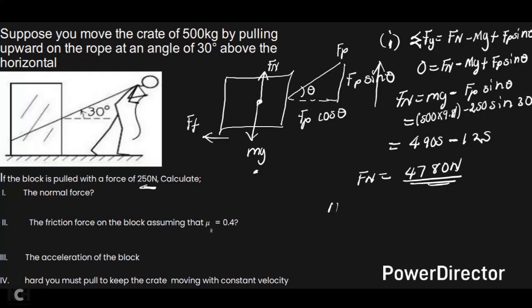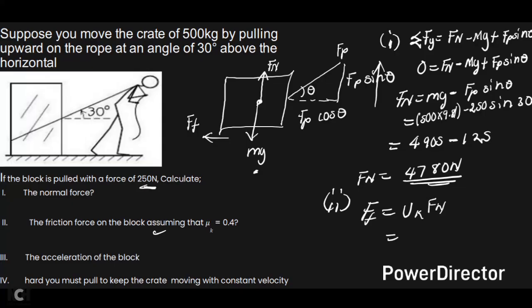How about the other question? The other question says, the friction force on the block, assuming that uk is that. So now the friction force, remember how you calculate the friction force? It's mu k times the normal force.